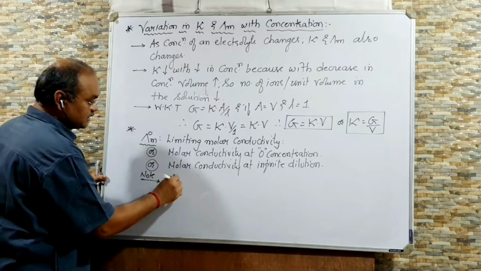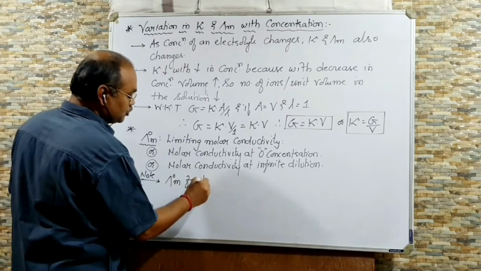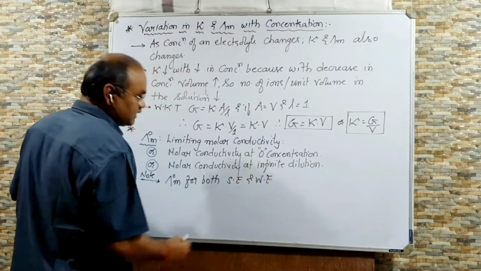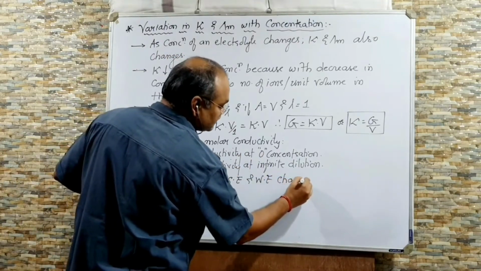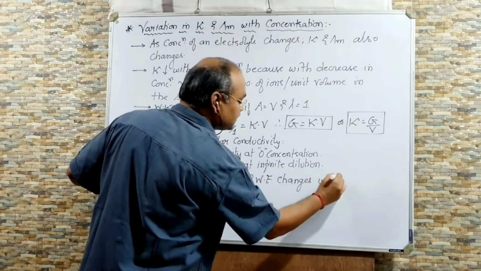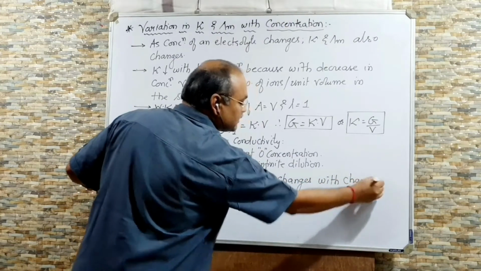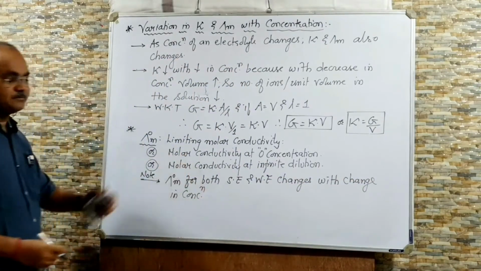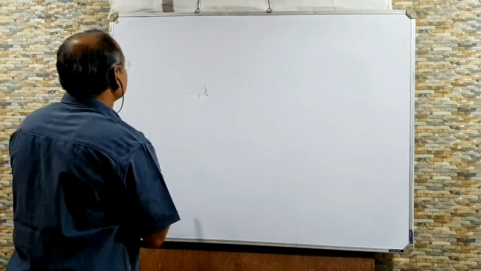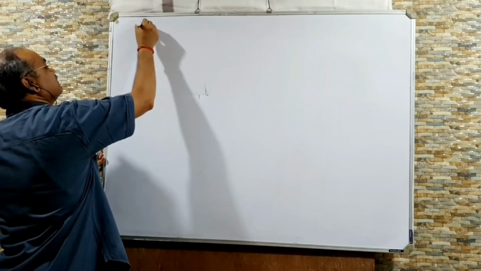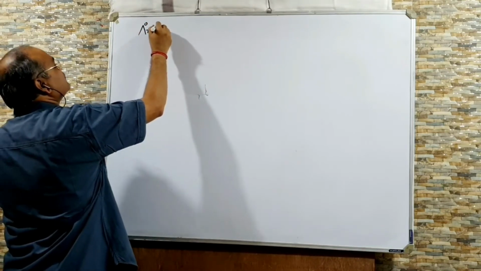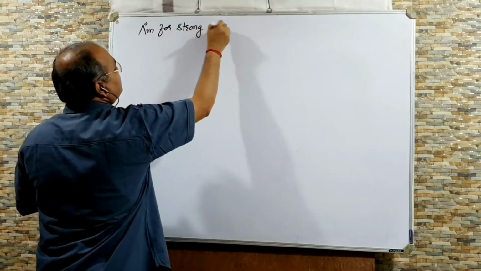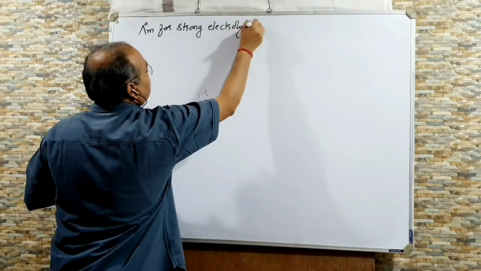Note: lambda 0 m for both strong electrolyte and weak electrolyte changes with change in concentration.